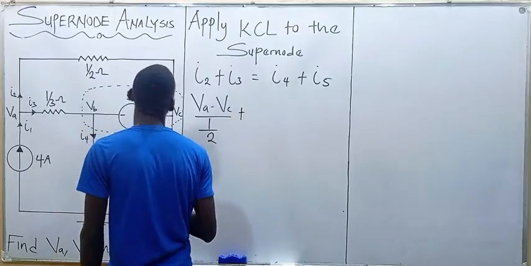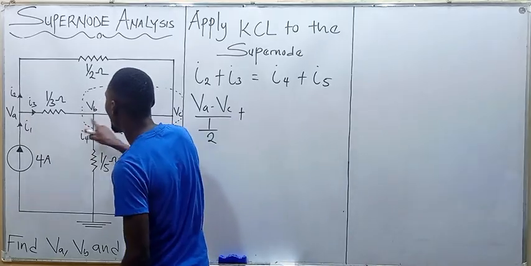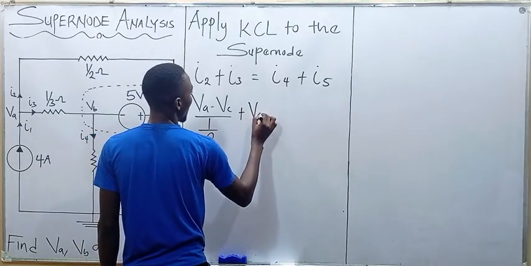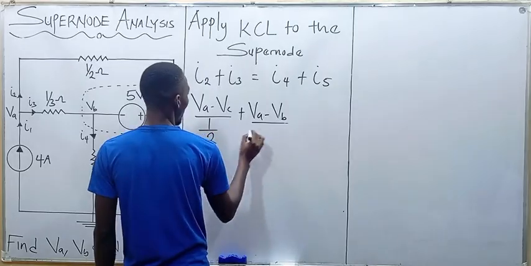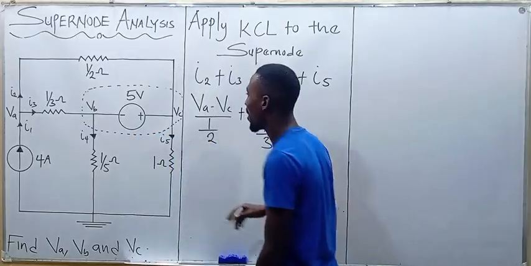Plus I3. What is I3? I3 is in this branch between VA and VB, so it's VA minus VB all over 1 over 3, which equals I4.